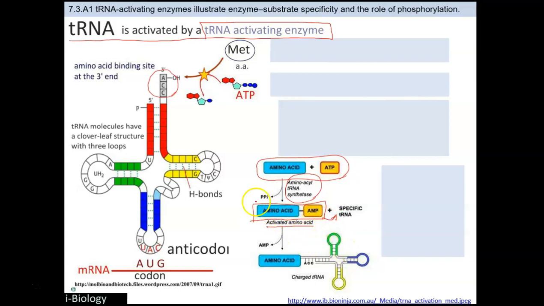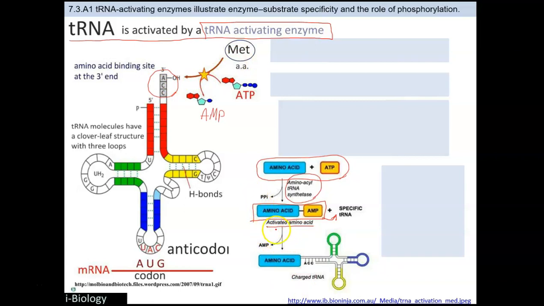So what happens is that the amino acid methionine has been activated by ATP by the loss of two phosphates, becoming AMP. This activated methionine, which you see as a star, has the potential and the power to attach to this acceptor site, and you can see it over here.